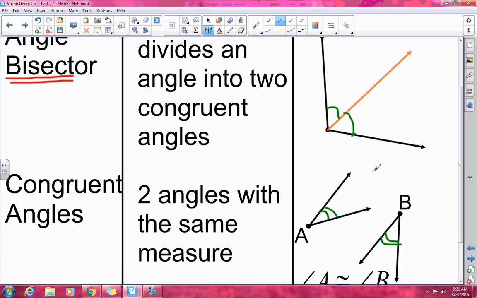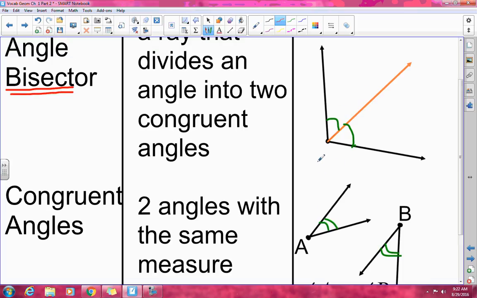Down here, notice how I put two arcs in this angle and two arcs in that angle. That's to show you that, okay, angle A is congruent to angle B, but angle A and angle B are not congruent to these two congruent angles. So if you had a third set of congruent angles, you could put three little arc marks inside those angles. But those little arcs illustrate that the two angles are congruent, which means they have the same measure.